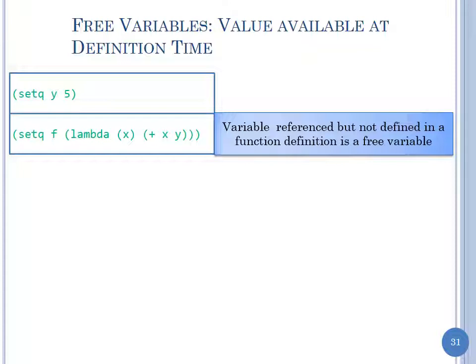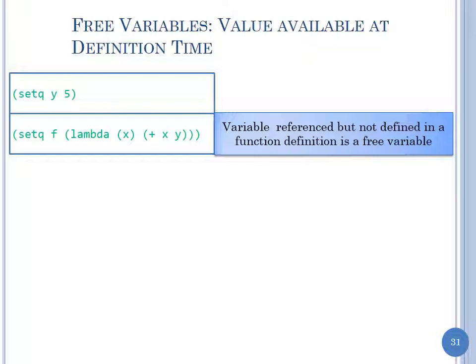And hopefully, if there are free variables, you've done the responsible thing, and you've assigned a value to the free variable before calling the function. You have somehow bound these values, and in our current interpreter, that happens through assignments or setq and parameter passing.